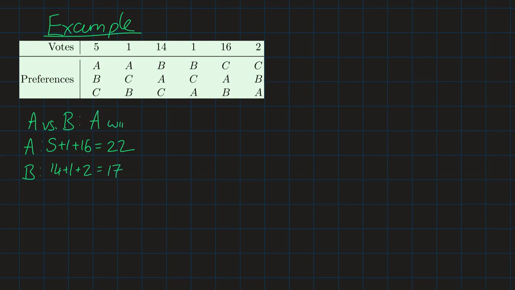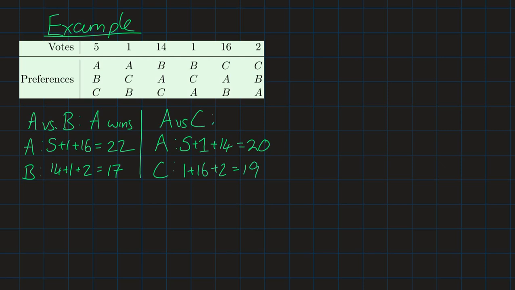So A wins. In A versus C, A is going to get 5 plus 1 plus 14, which is 20, and C is going to get 1 plus 16 plus 2, which is 19. So A wins.